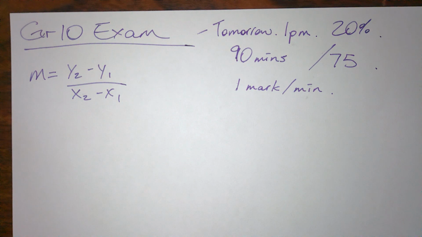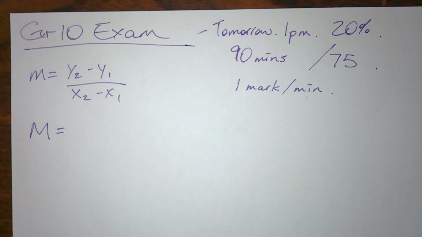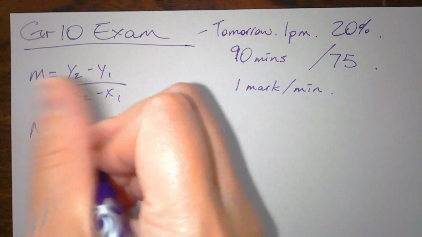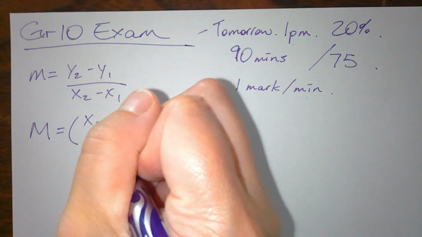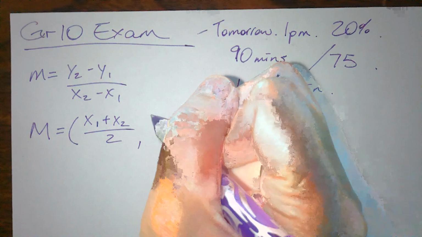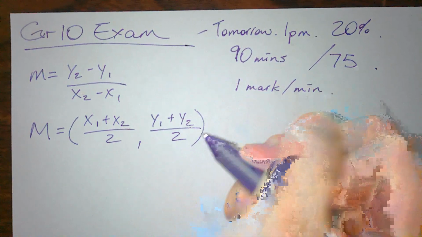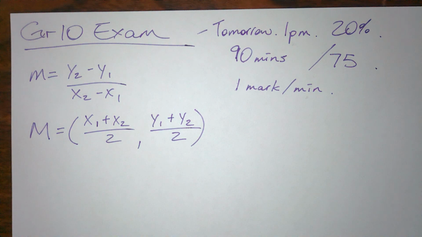Another thing is, what about midpoint? Midpoint formula. X1 plus x2 over 2, comma, y1 plus y2 over 2. All right. Your answer should be what format? Is it an equation?